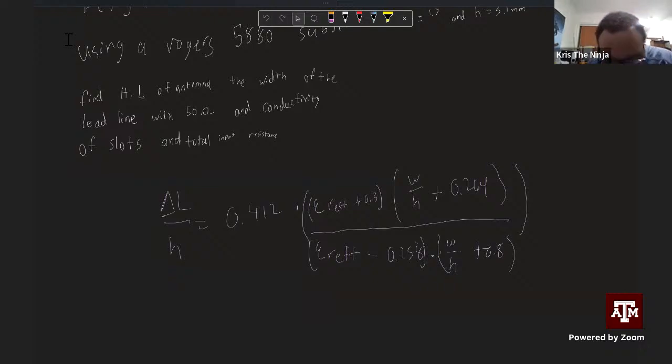Okay, so after you do this, you can find epsilon effective, and L effective with L plus 2 delta L. Is that correct? Yes.